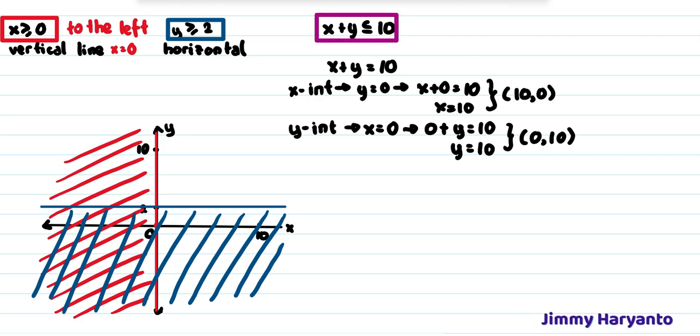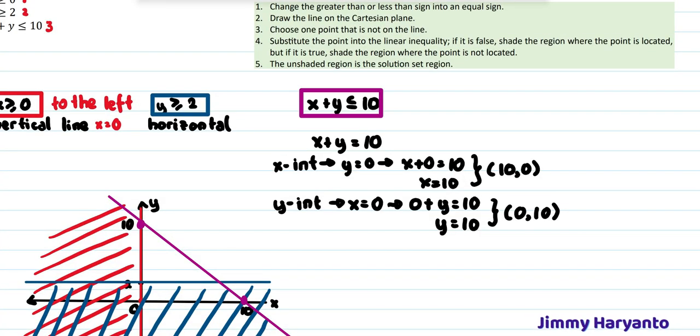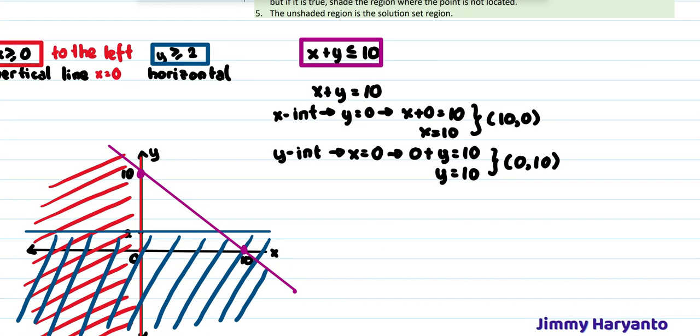Okay, this one will be a straight line that passes through this point. I can draw it like this. Okay, so this is the purple line, and for this one we cannot shade it directly. You have to choose one point that is not on the line to test true or false. So let's say I choose this point, which is (10, 5).